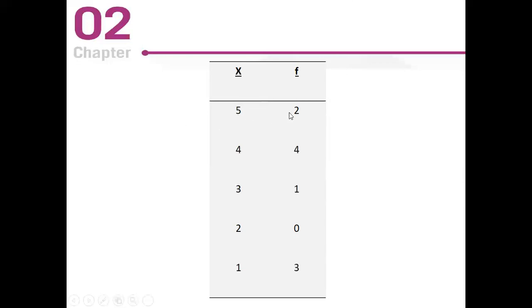If I go 5 times 2, I get 10. 4 times 4 is 16. 3 times 1 is 3. 2 times 0 is 0. 1 times 3 is 3. If I then add all of these values up, I get the sum of all of the scores in the data, the sum of the frequency times the x values.